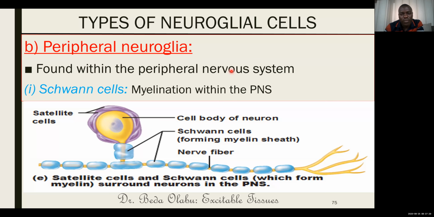But basically, because of the difference in the types of proteins, we will see some diseases that only affect the central nervous system. We'll see some autoimmune diseases that only affect the peripheral nervous system.